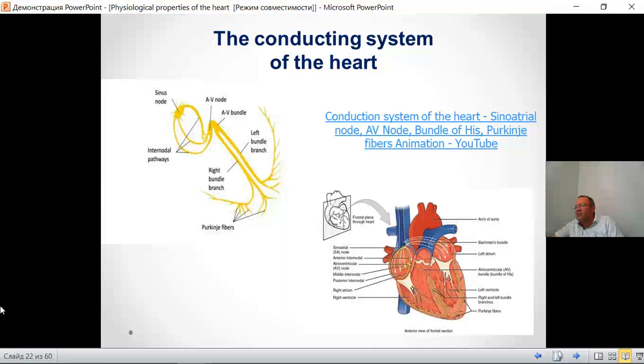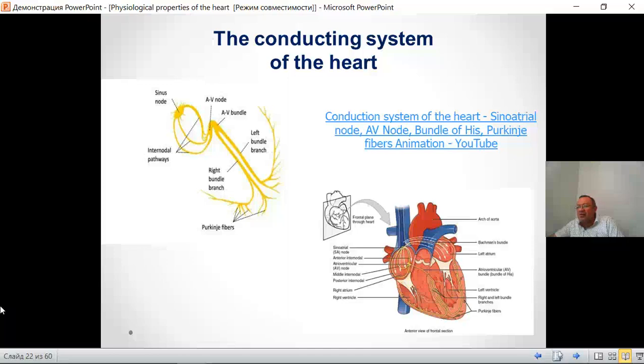Atrioventricular node. The atrioventricular node is a group of specialized cells situated in the atrioventricular septum, just above the coronary sinus ostium, that receives electrical impulses from the atria and transmits the electrical impulse from the atria to the ventricles.